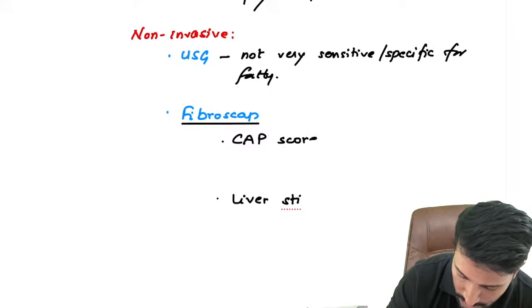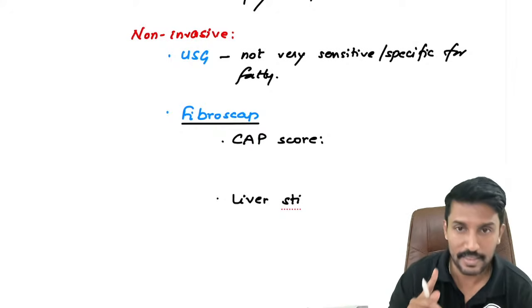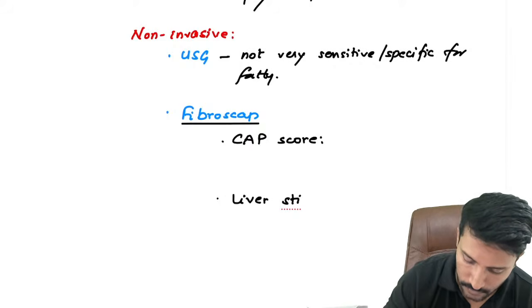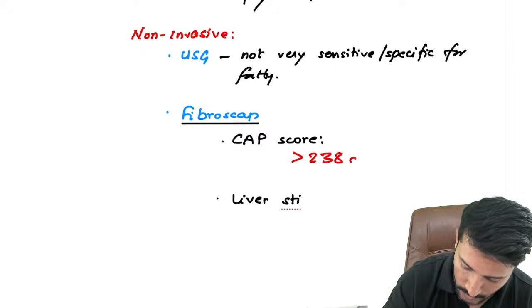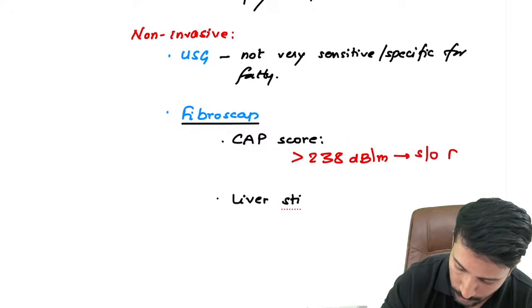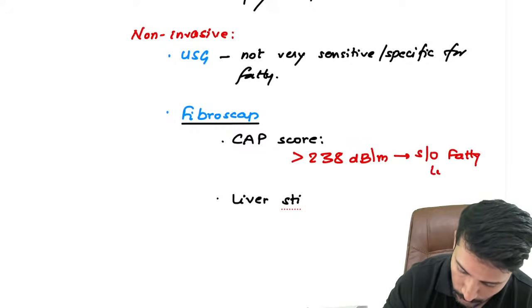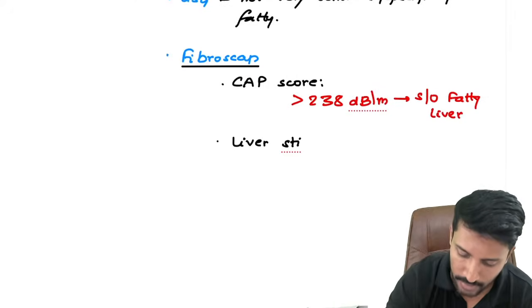CAP score helps us assess the degree of fat accumulation. Normally it is less than 238. When it is more than 238 decibels per meter, it is suggestive of fatty liver. The higher it is, the more is the quantity of fat in your liver.